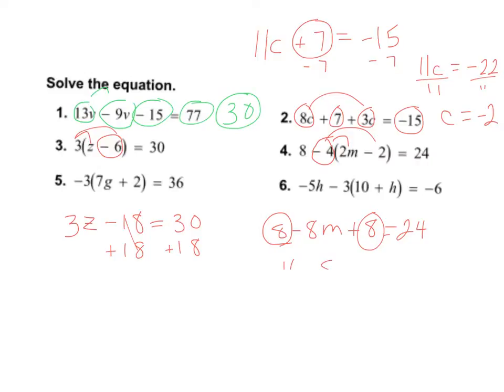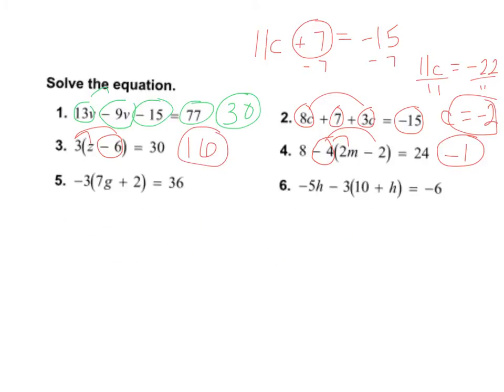I have 16 minus 8m is equal to 24. I'm going to get rid of that positive 16 by subtracting 16 from both sides. Negative 8m is equal to 24 minus 16, which is 8. Divide both sides by negative 8. I get m equals negative 1.